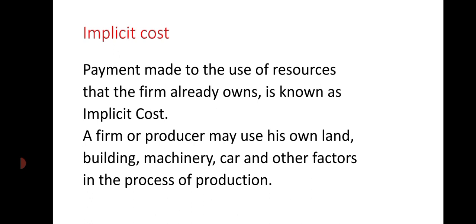A firm or producer may use his own land, building, machinery, car, and other factors in the process of production. Whether it is land or transportation, they use their own property to produce and sell the goods to the market. That property is called implicit cost.